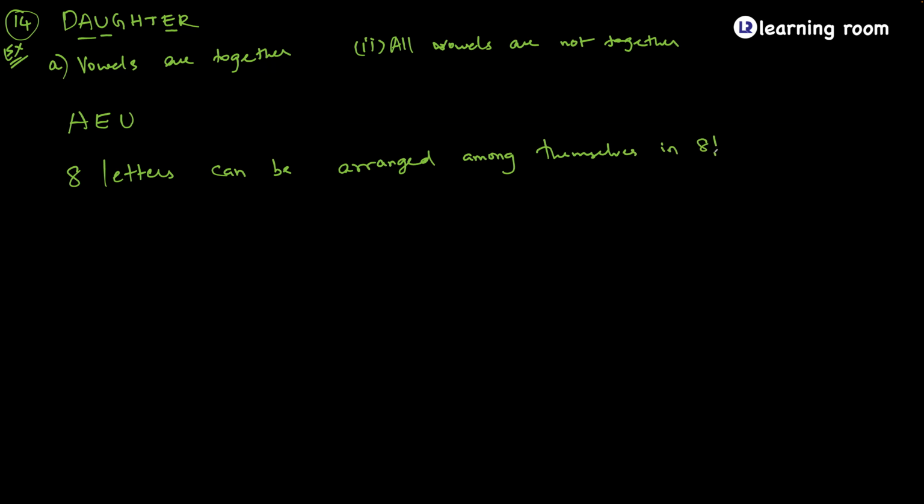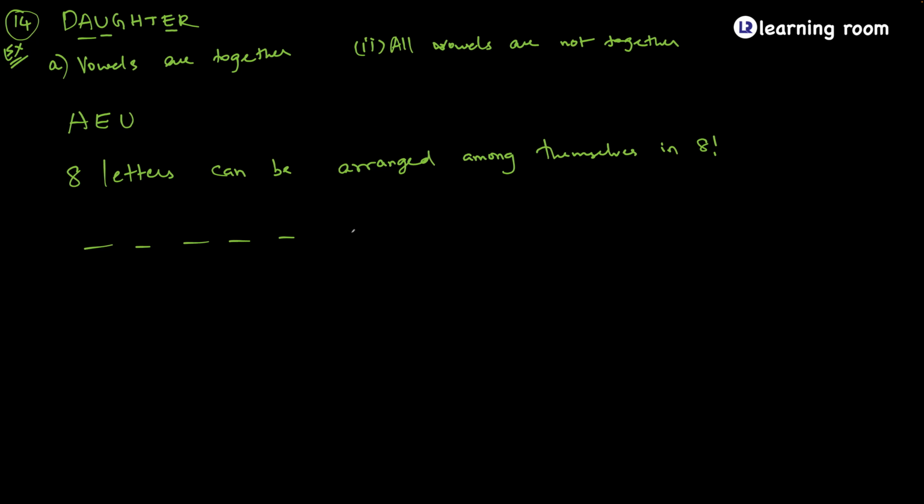Okay. Now, if you see, out of the 8 letters that you have, 3 are vowels and 5 are consonants. So what you need to do is, you need to keep all the vowels together. That is what they're asking. So first part says, all the vowels are supposed to be together. Now, 1, 2, 3, 4, 5 consonants are there.